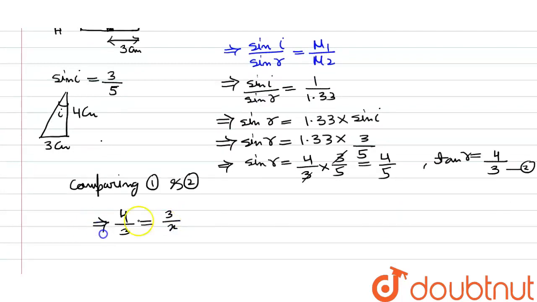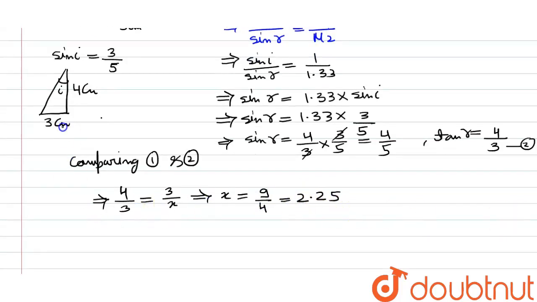So now we can find the value of x, which is equal to 9 by 4 and it is equivalent to 2.25. So this will be our apparent depth. So part A has been solved and we have got our final answer. So for part A, apparent depth x is equal to 2.25.